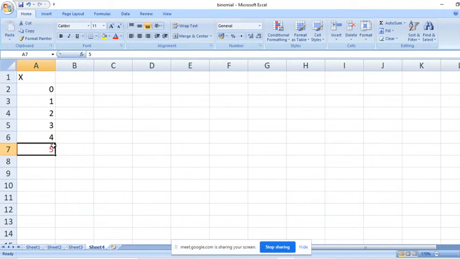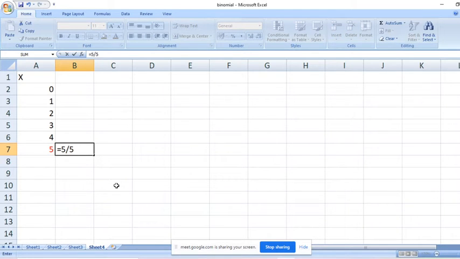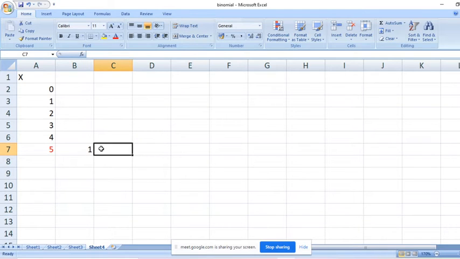This is a possible evidence that the proportion is greater than 1 by 2. What will be the proportion? If you obtain 5 successes, then the proportion will be 5 by 5, that is 1, which is considerably greater than 1 by 2.